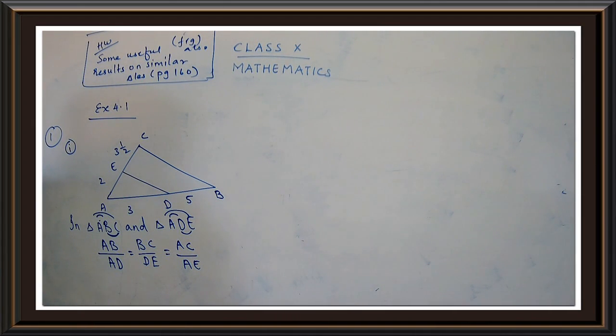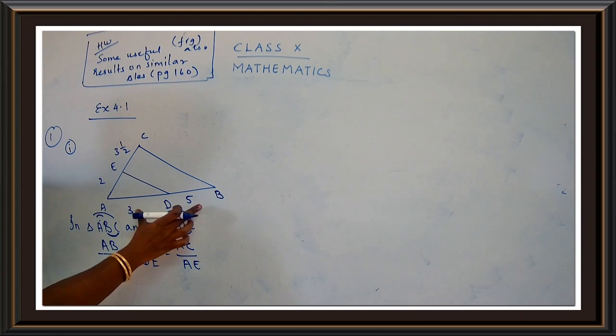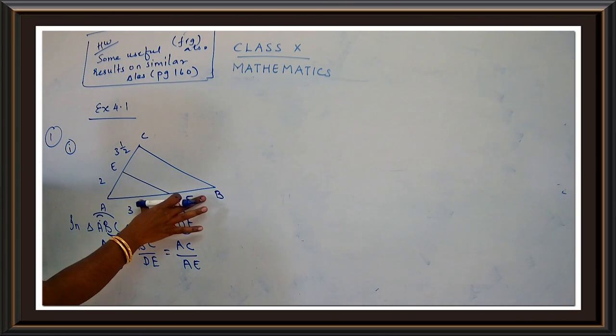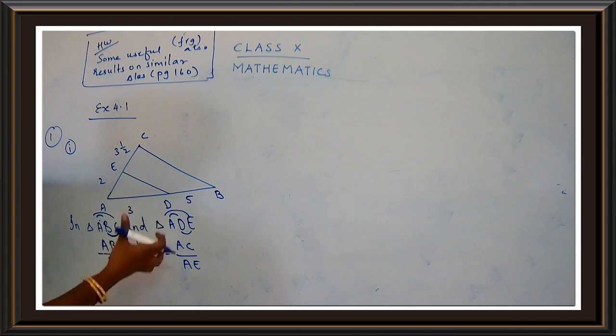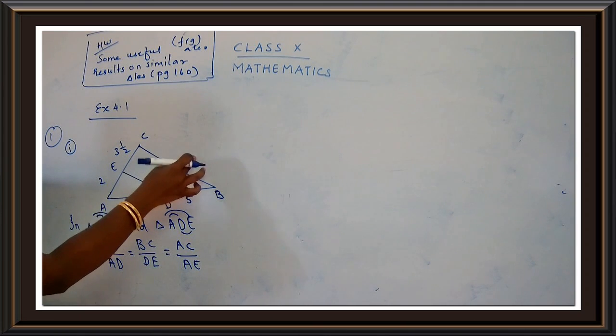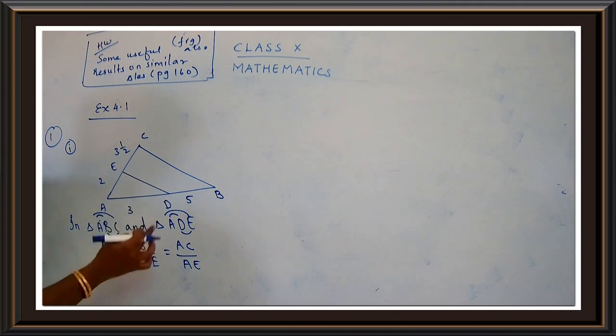Okay, clear? Now let's choose some of the values, put them over there, and get the answer. I know the value for AB. AD I know. BC I don't know. DE I don't know. So I know these two values, I don't know this value, so leave this. AC I know.